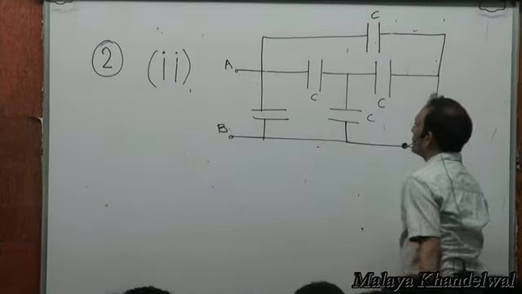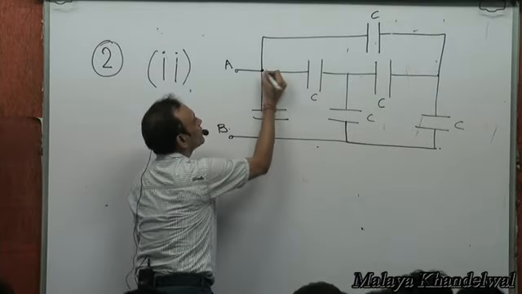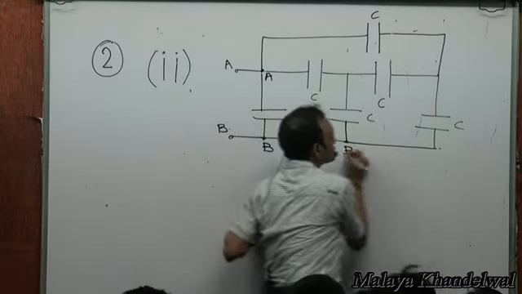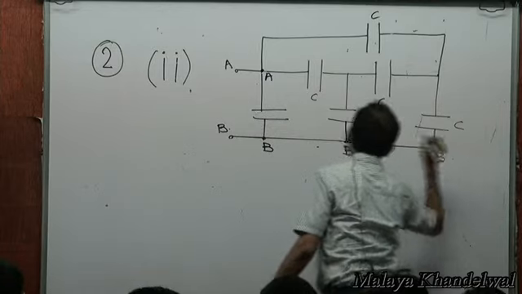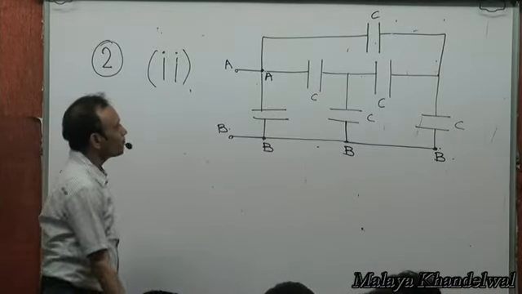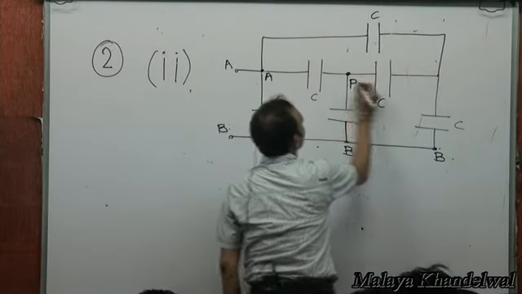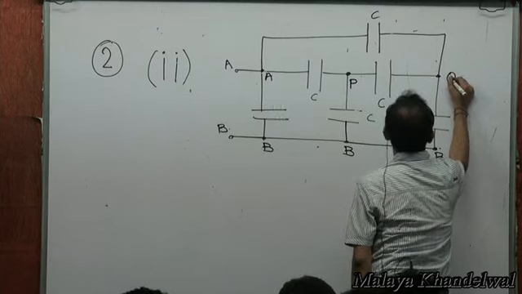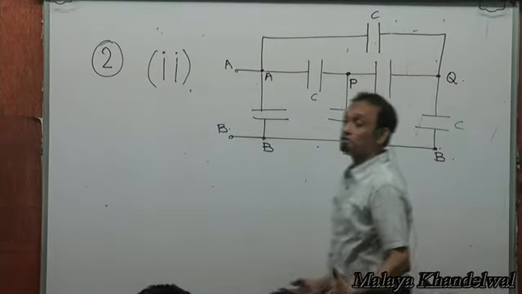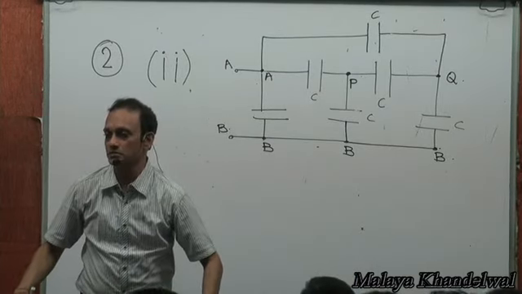Now, this is A. Electrically, all these are the same as B. They're directly connected to B. Electrically, they are referred to as B only. Now, if this point is P and this point is Q, let me redraw the circuit between A and B in a more systematic manner.